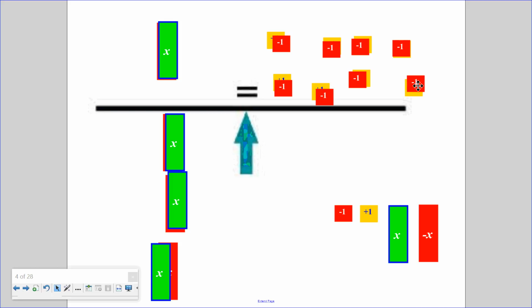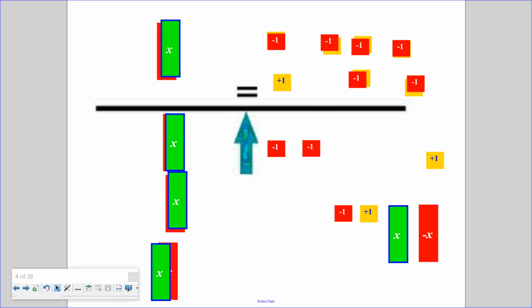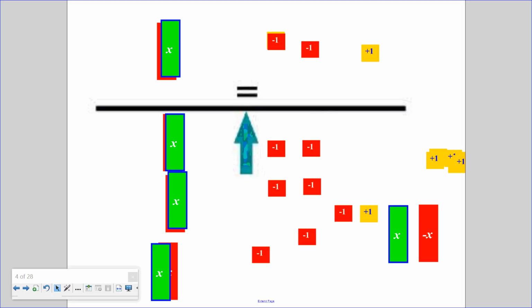So now what we see is 4x is equal to -8. How many negatives will go into each x? There are 4 x's. There are 8 negatives. We need to divide them into 4 groups. It'll be -2, -2, -2, -2, and -2.